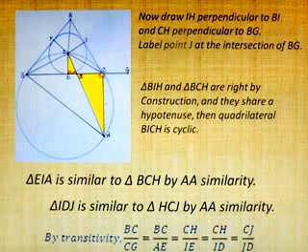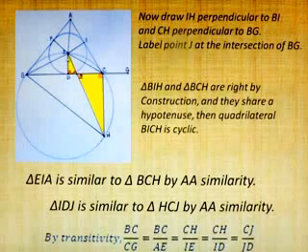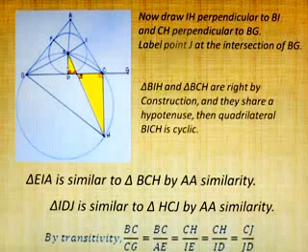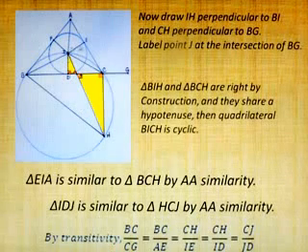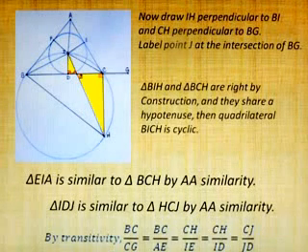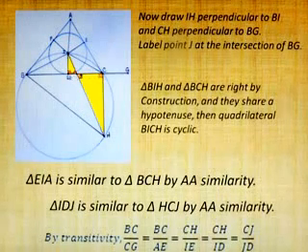So CH is to IE as CH is to ID. Now remember, ID is our radius we are looking for, because we already know the semi-perimeter, and semi-perimeter times this ID is going to give us our area. So now we can just substitute that in here. And finally, we can say that this is the same as CJ is to JD.